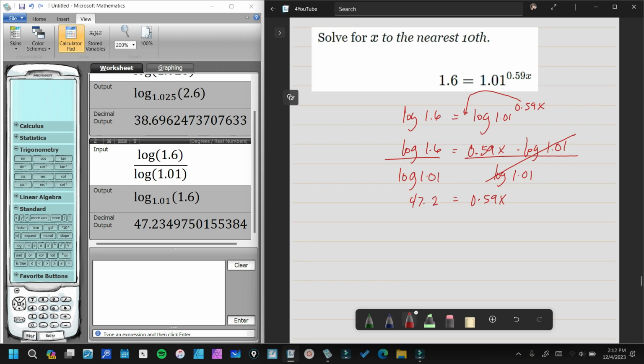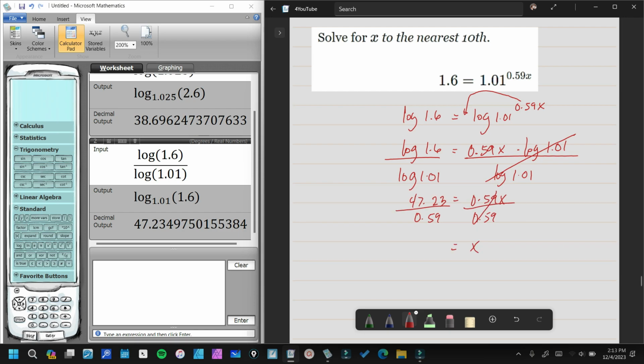47.2. Okay, let's make it up to 2 decimal points, but our final answer will be to 1 decimal point. Okay, so divide by 0.59.